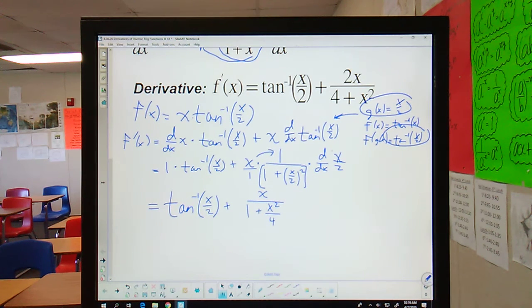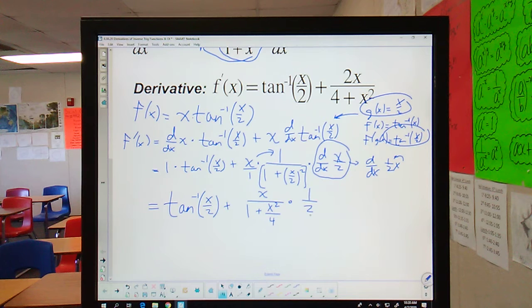When you multiply x over 2 by x over 2, square the numerator, square the denominator. And then multiplied by 1/2. The derivative of x over 2, look, it's no different than doing the derivative of 1/2 times x. That's the same as x over 2. So bring the 1 down, you have 1/2, and x goes to the 0, so it's just 1/2.